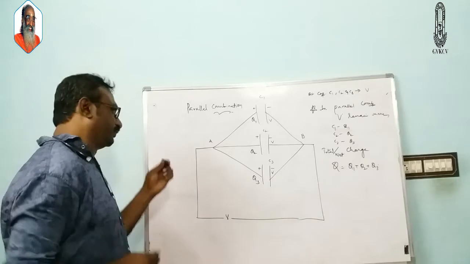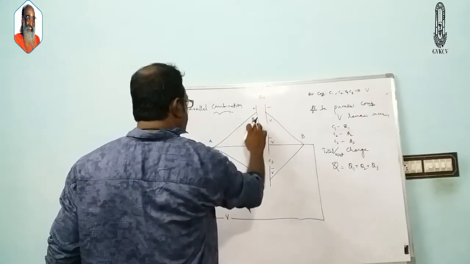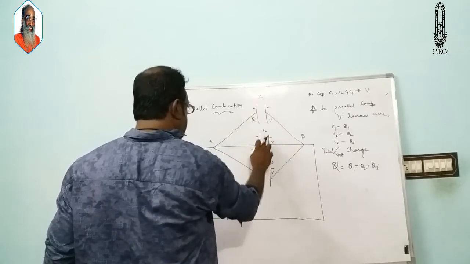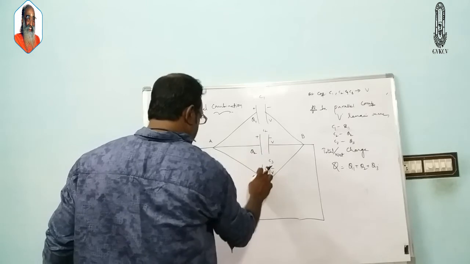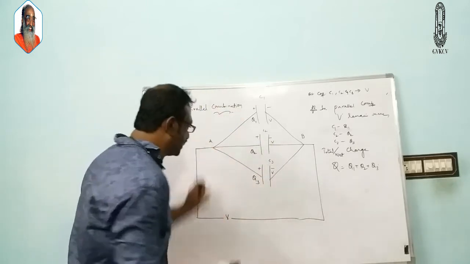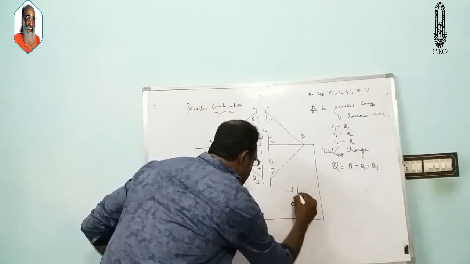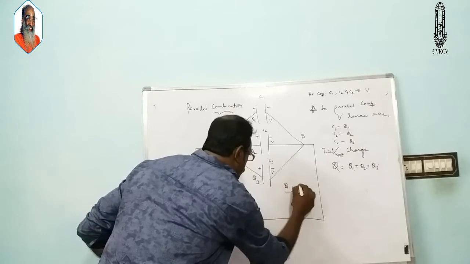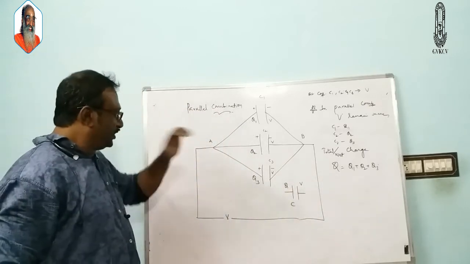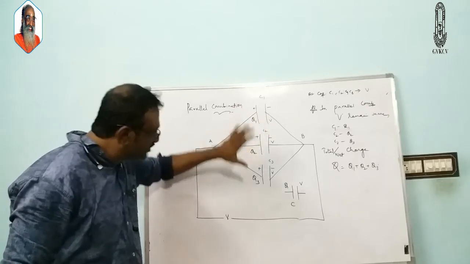For this capacitor the capacitance is C1, charge is Q1 and potential V. For this capacitor it is C2, charge Q2 and V. For this, capacitance C3, charge Q3, and V. Let this combination form a capacitor whose capacitance is C with total charge Q and applied potential difference V. So due to this combination we get an effective capacitance.